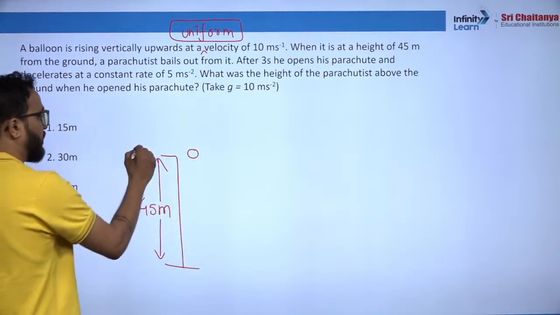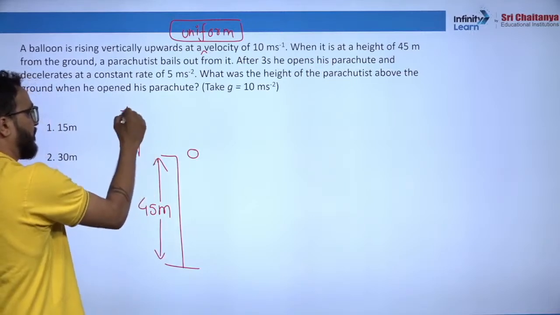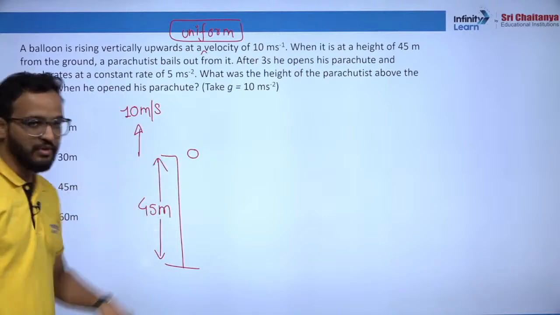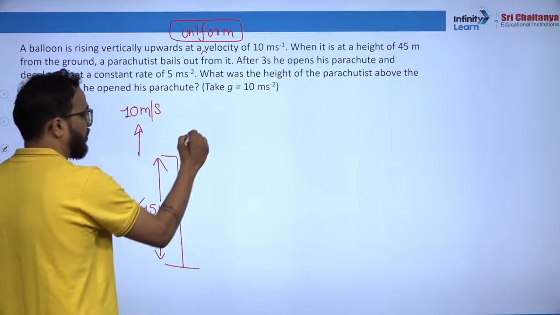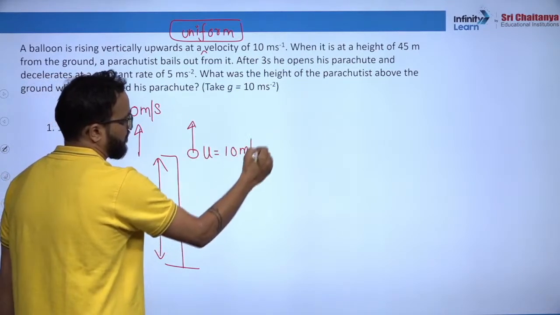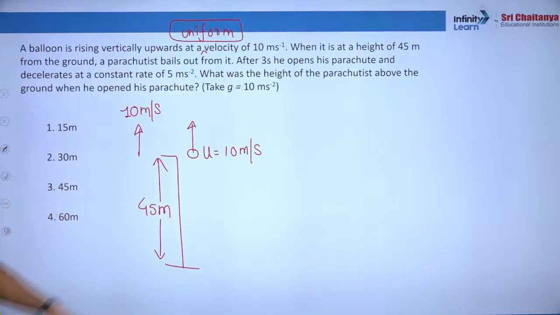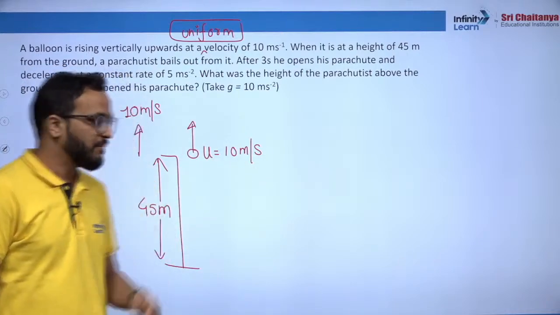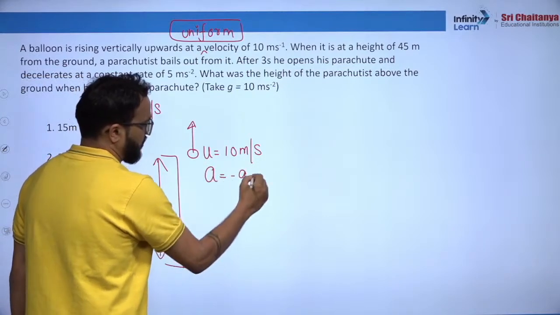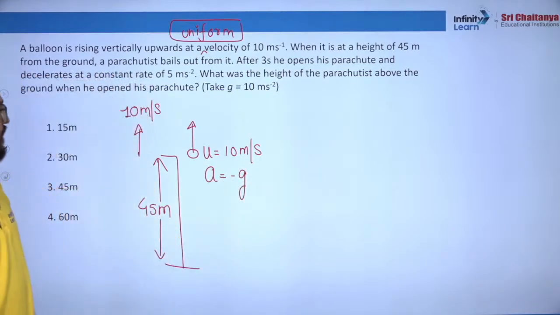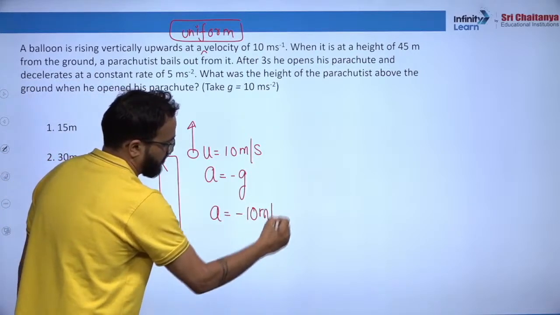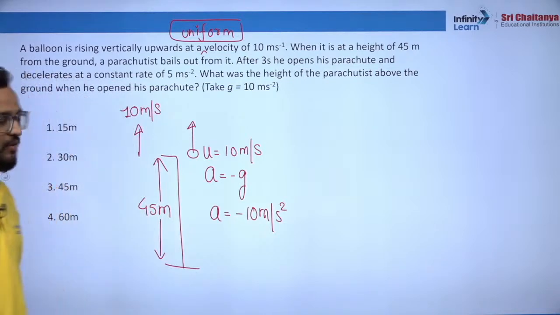If the balloon was going up with 10 meters per second, then when he bails out he also has an initial speed of 10 meters per second. And what is the acceleration? It is minus g. G has to be taken as 10, so acceleration is minus 10 meters per second square. Now what is going to happen?